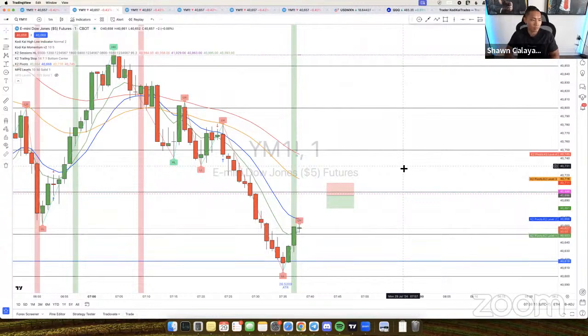The problem with using the DOM is that it puts in a pending order that becomes a stop order, so it doesn't fill you at the exact price point that you're looking for. It got me in a bad entry here, but it's fine. I'm curious to see how this plays through. I was looking for it to bounce off the pivot or something like that.